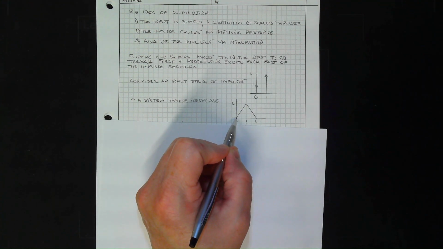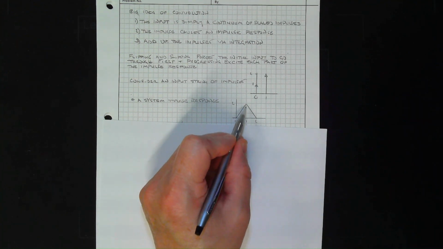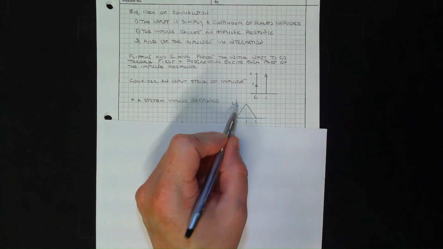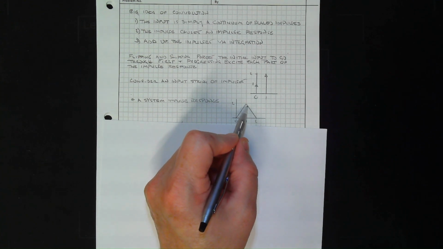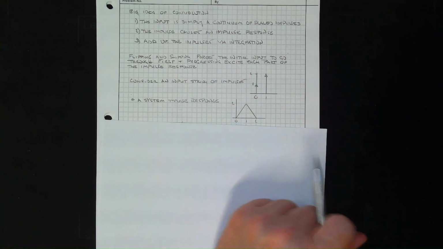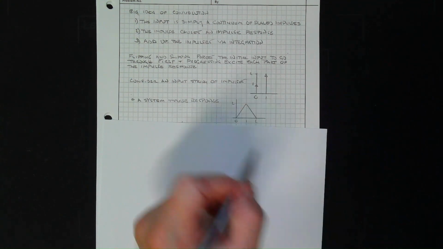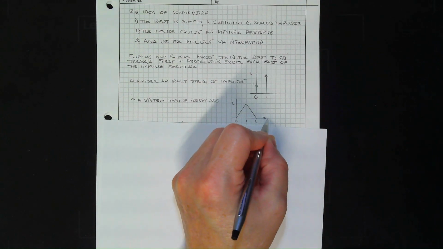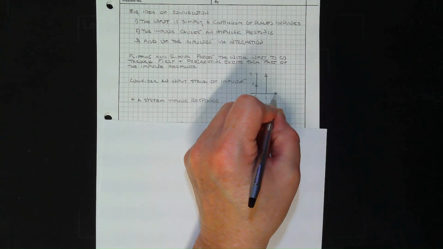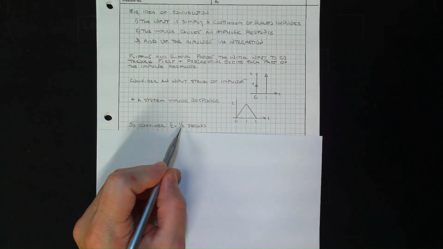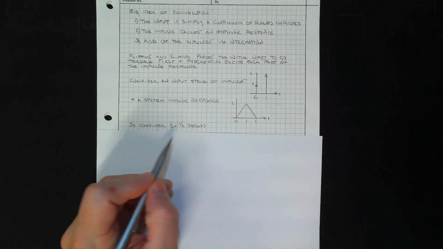At the moment it hits, it goes up over 1 second to 2 units or whatever, and then over the next second it goes back down to 0. Now nothing would respond like that, but this is for educational purposes. It's easy to draw. We'll just put in a time.